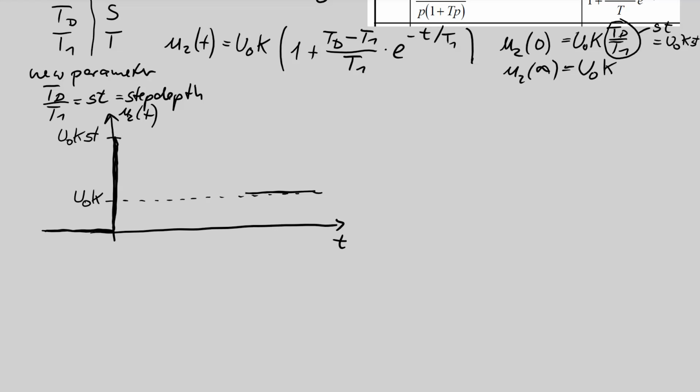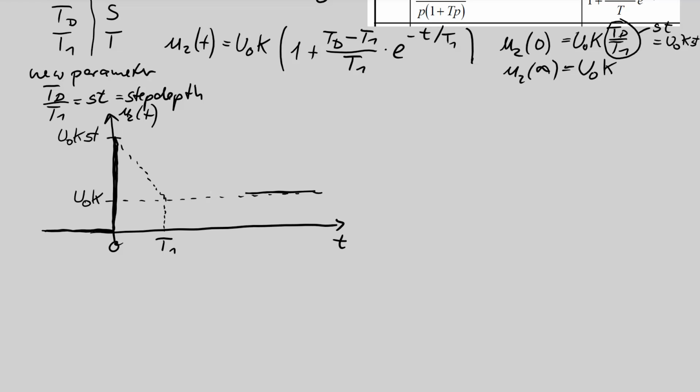This can be drawn with the tangent construction. So define a tangent from the starting point to the cross point with the final value. This time again is our exponent time in this exponential function.